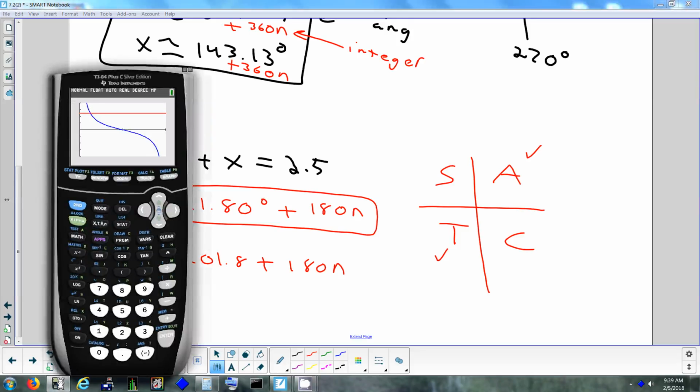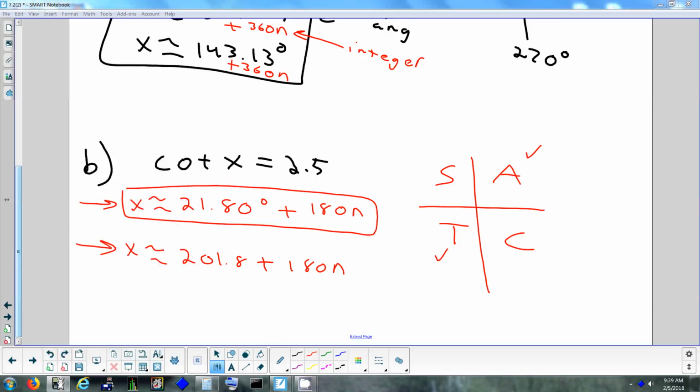So keep that in mind when you do it. Don't just go through it every time and say, oh, I got to get the second answer. Maybe you don't have to. If it's tangent or cotangent, usually there's not a second answer. Sine, cosine, secant, cosecant, there is. Any questions on that?